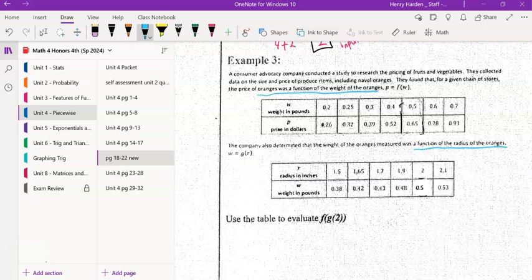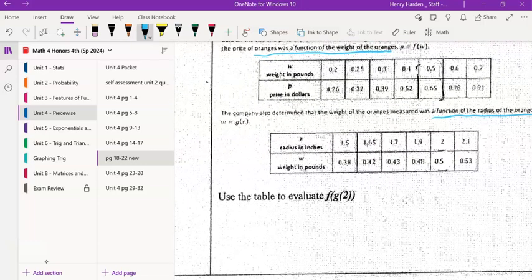All right, so basically when we look at this notation, it says use the table to evaluate f of g of 2. So this first one is g, or sorry, the second one is g, the first one is f. And so we're going to start with these two. So we're going to do 2 for the input, and then we're going to go and get our output, which is this, 0.5. Okay, so g of 2 equals 0.5.